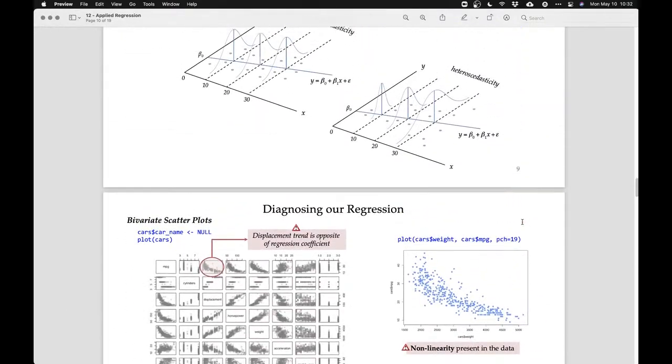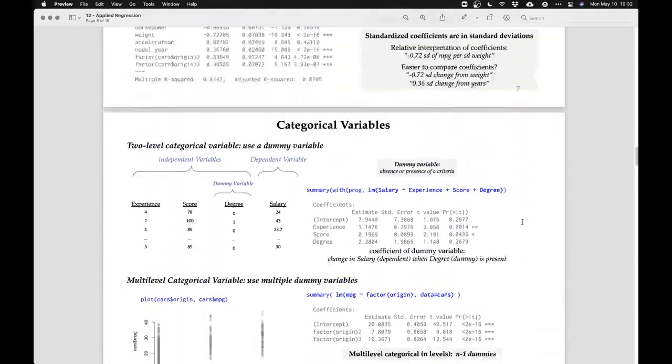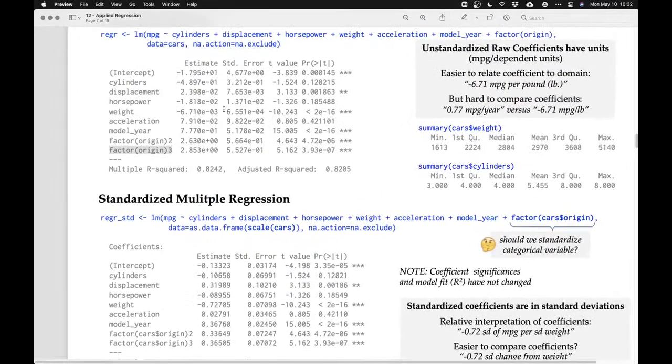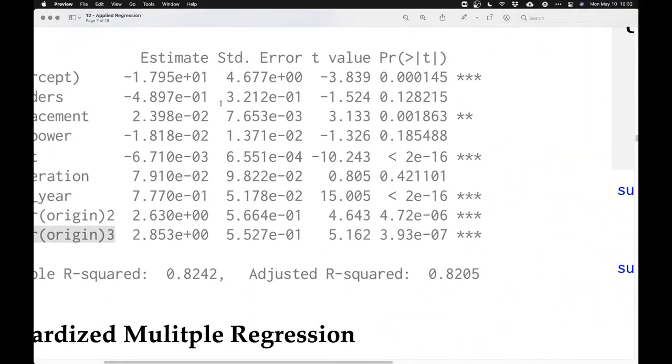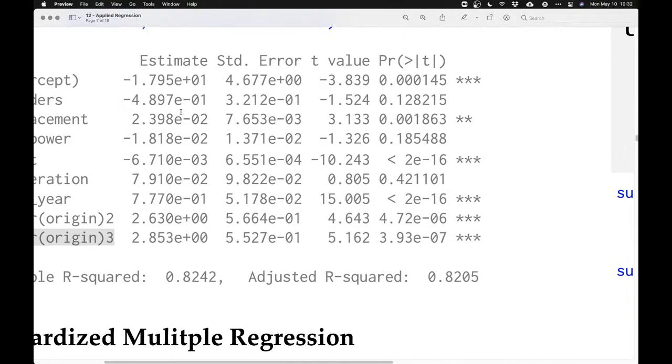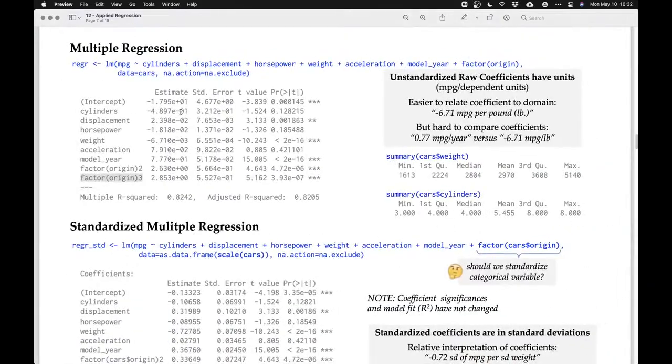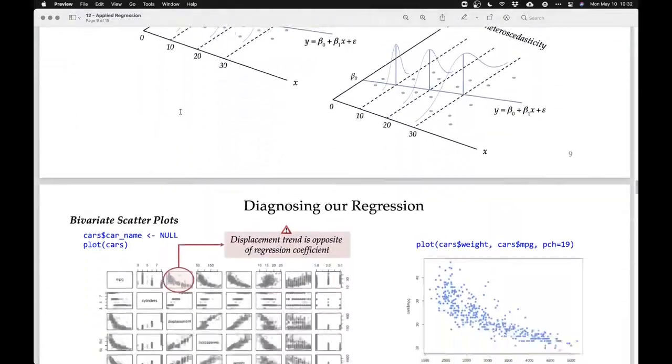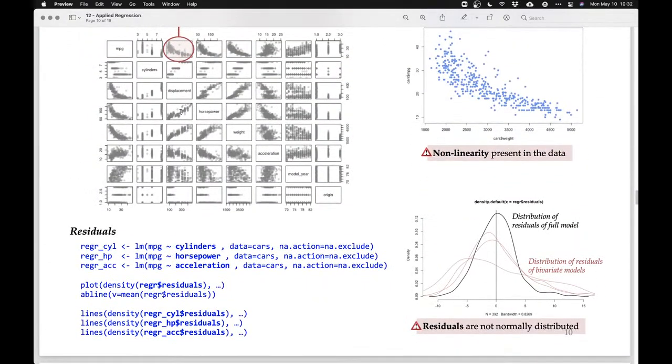And the problem with the residuals being skewed is that these standard errors assume that your estimate follows a kind of normal-ish distribution, right? And it's telling you the standard deviation of a fairly normal distribution. But if it's skewed, well, it means nothing then. All right? So these are several problems that we have with our regression.